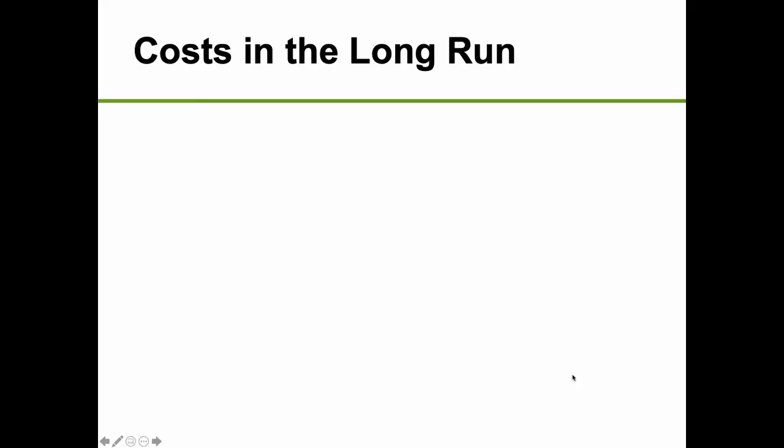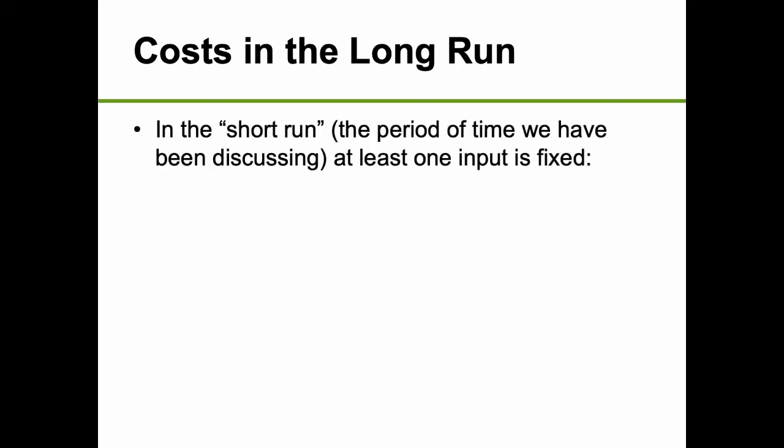That brings us to another way of looking at costs, and those are costs in the long run. Remember, I mentioned the idea of fixed inputs and variable inputs. Well, in the short run, and that's really the time period that we've been discussing, you're going to find that at least one input is fixed.